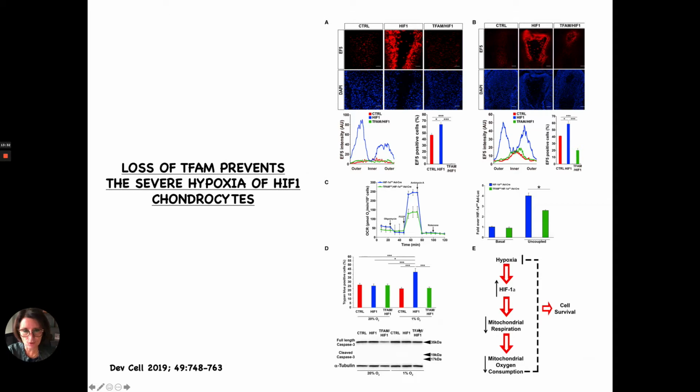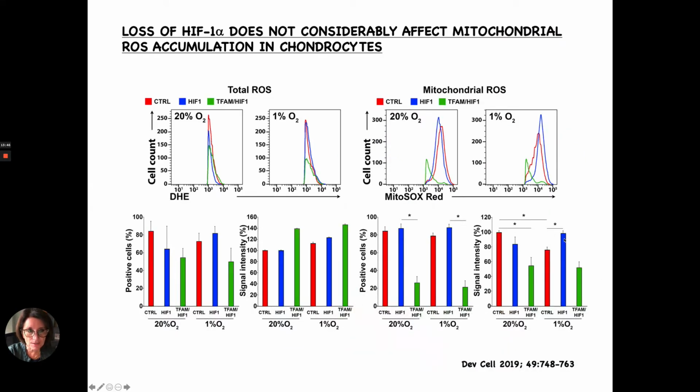And this increase occurs in a cleaved caspase 3 independent manner. So IF1 null cells in hypoxia die much more than control.